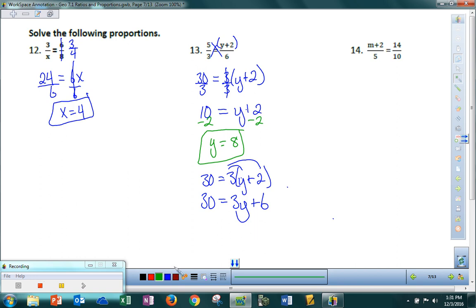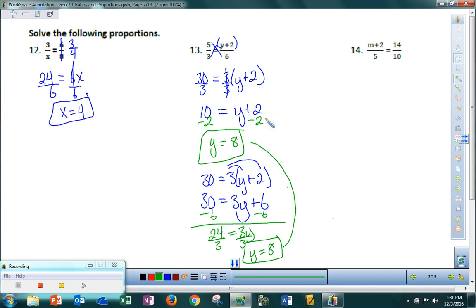So next we would just subtract that 6 over, and we've got 24 equals 3 times y. Divide that 3 off, and you get y equals 8. Same exact answer, 2 different ways to do it. Either of these is going to work.